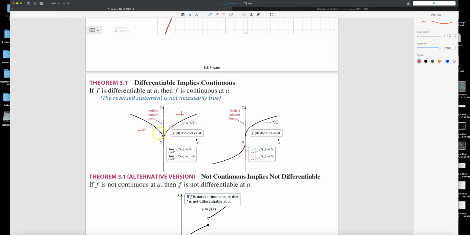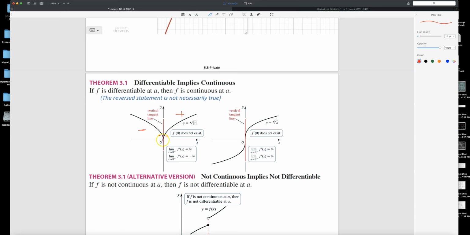Look here, the derivative is negative for all these points around 0, and here the derivative is positive for all those points around 0. What happened at 0? Well, the derivative doesn't exist, because from this side the limit is negative, and from this side the limit is positive in the definition of the derivative.